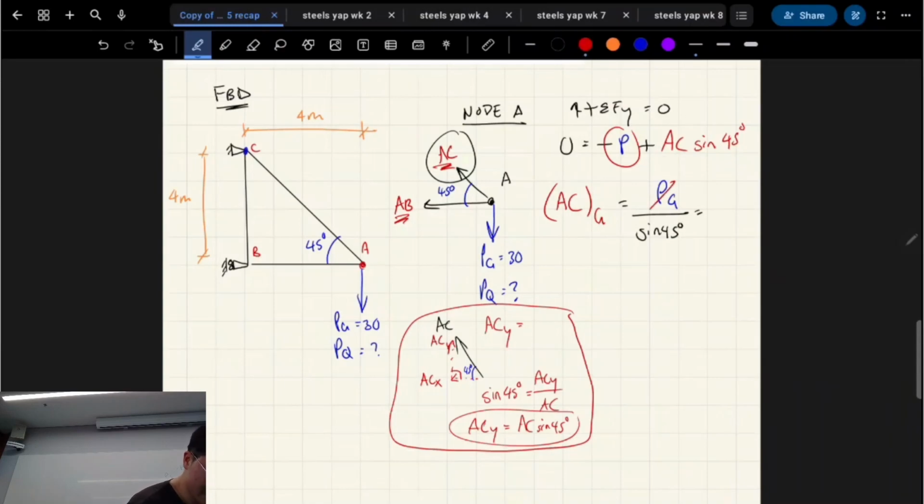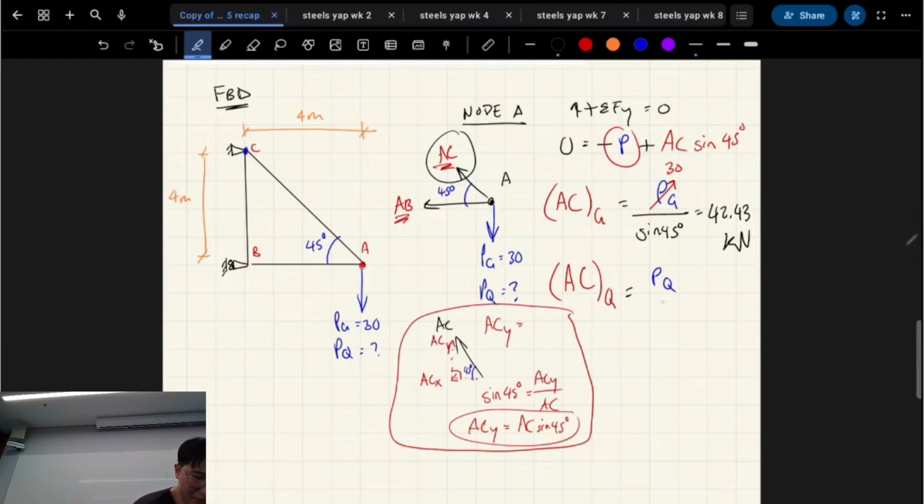And this one was given as an actual number, so that makes things easy because now we actually just get a value. So that's the amount of dead load that causes tension in that member, right? Now for the live load, it's a little bit harder because now it's an algebraic expression.